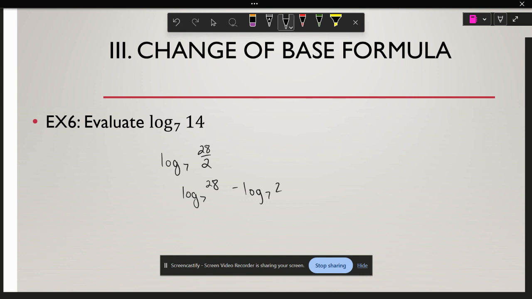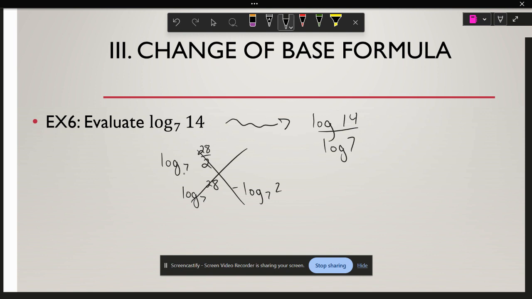I'm still not seeing how this could be solved. One of the ways that we could do this, though, is we could just plug it into our calculator. And instead of doing it this way, we'll essentially just write it as log of 14 divided by log of 7, based on change of base.